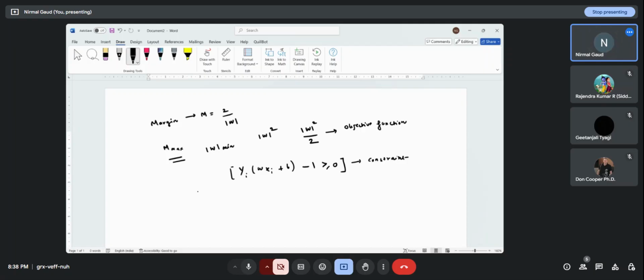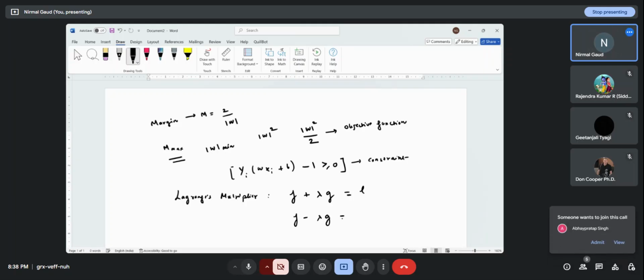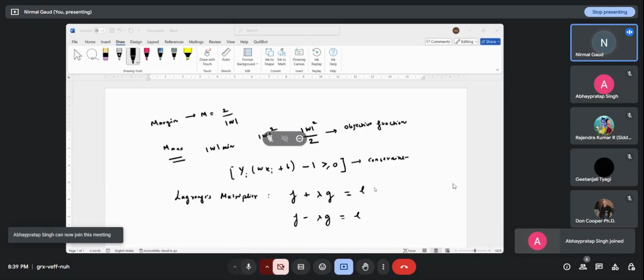and according to Lagrange's multiplier, it says that f plus lambda g is equal to L. Either you can use f minus lambda g equal to L. You can use accordingly whether it is plus or whether it is minus.